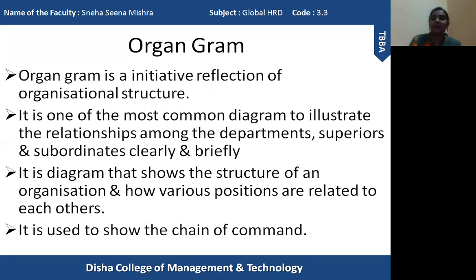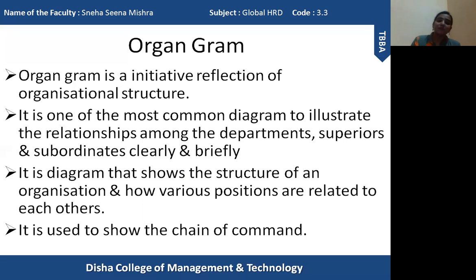It is described in a very clear manner, but also in a very brief manner, because it is in the form of a diagram. So it becomes very easy for the employees to understand where they stand within the organization, what the hierarchy of the organization is, and what their place in that hierarchy is.